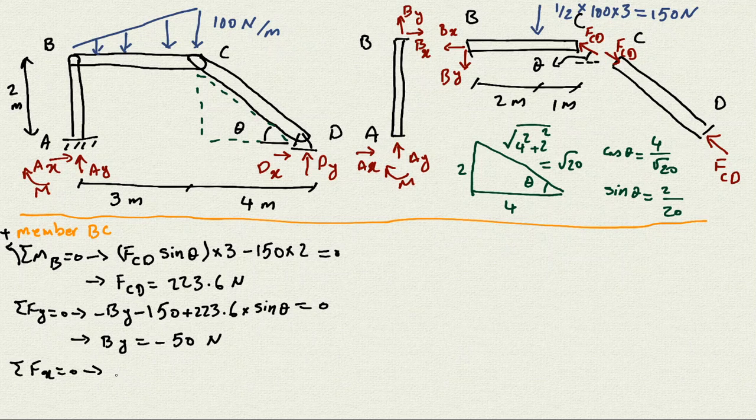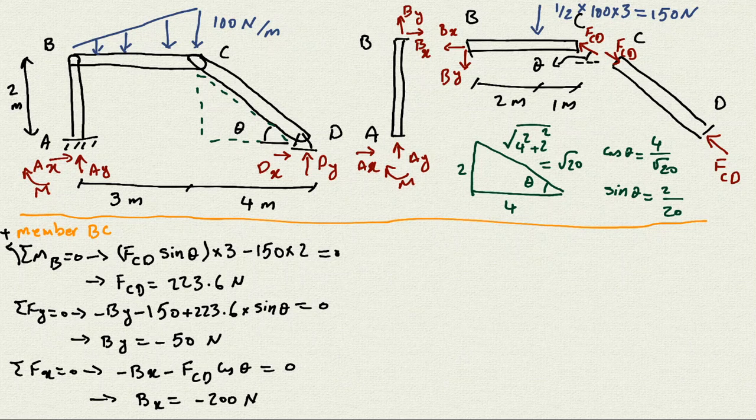If you look at the sigma of x, we have the negative Bx here, and then we have the x component of FCD, which is going to be negative FCD cosine theta is 0, and we know the FCD is 223.6. So if we solve that, the Bx comes out as negative 200 Newton.